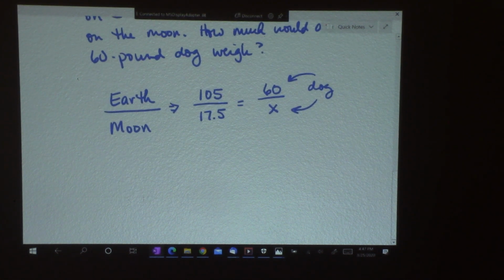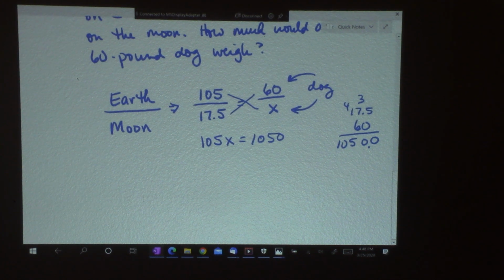So we're going to cross multiply. I've got 105 times x, and I'm going to multiply 60 times 17.5. Let's work that out. I've got a 0, 30, carry the 3, 45, carry the 4, 10, and I do 1 decimal. So that would be 1,050.